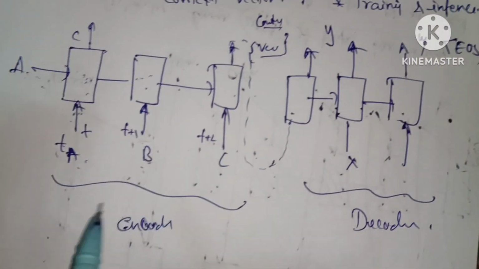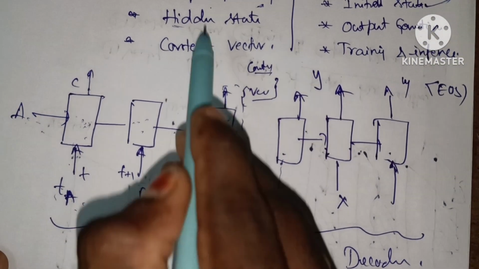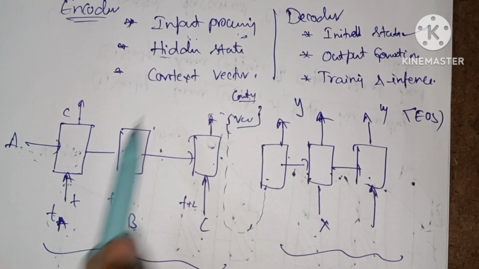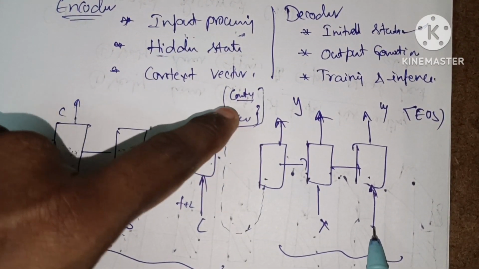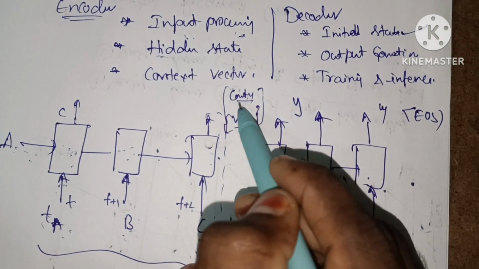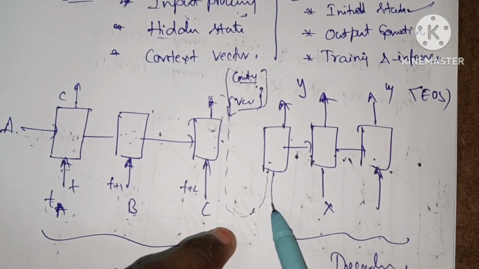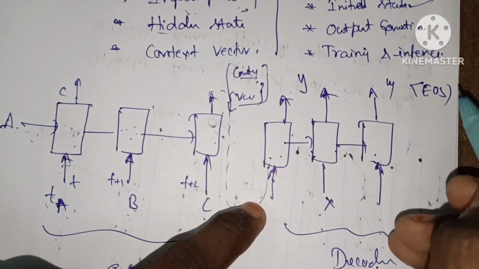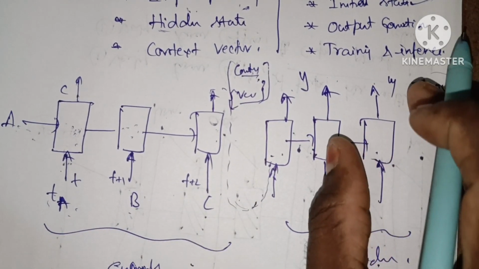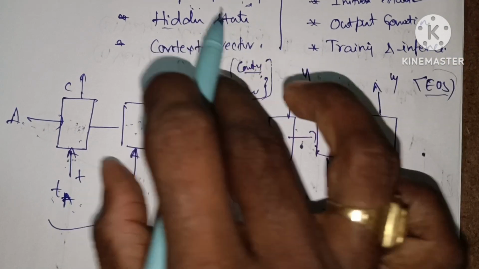In the encoder part, we take the input in sequence form through input processing and hidden states, and finally form the context vector. Based on this context vector, the decoder takes it as input, generates the output, and finally reaches the end of state. This is the complete process.